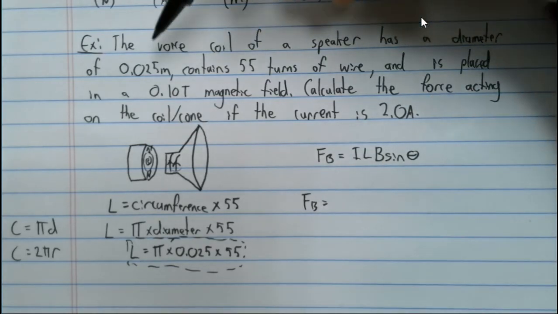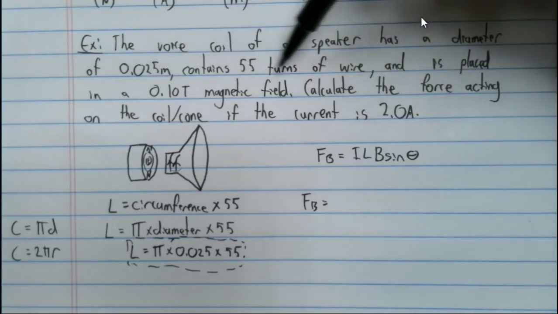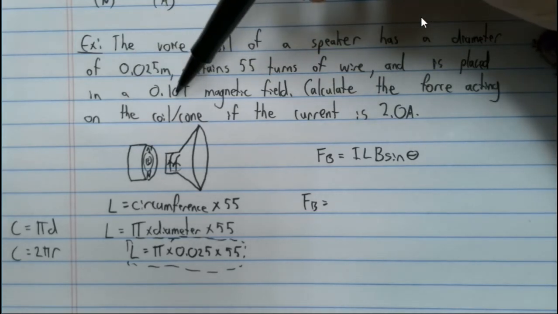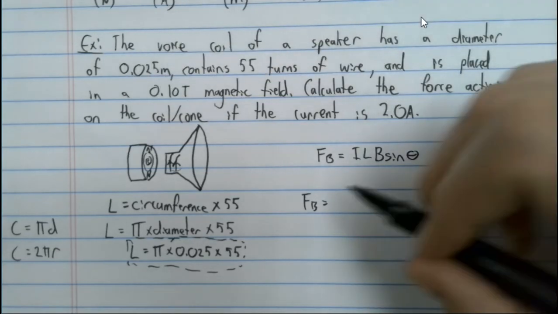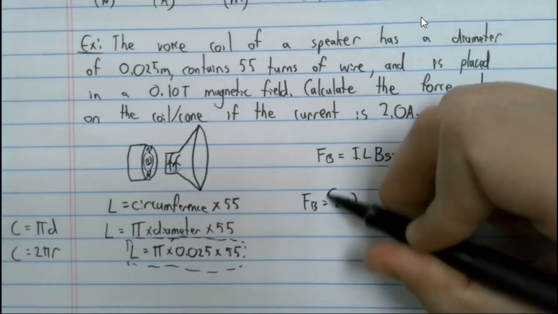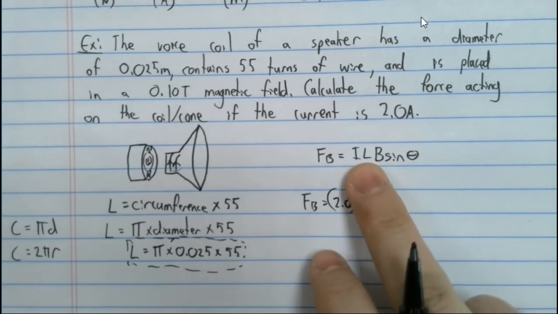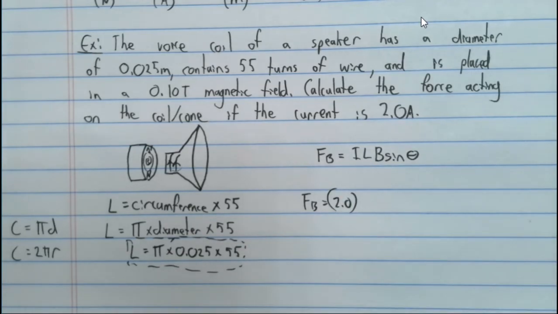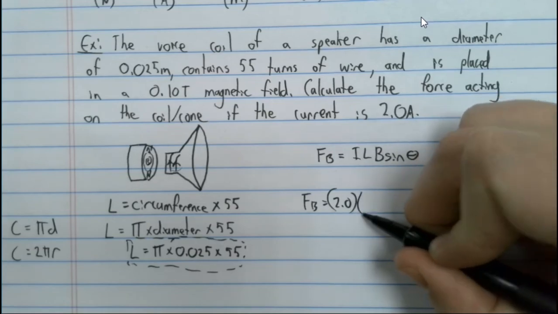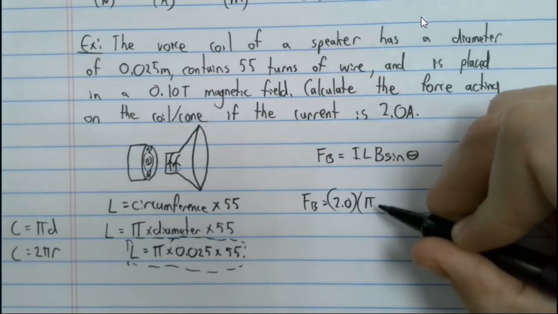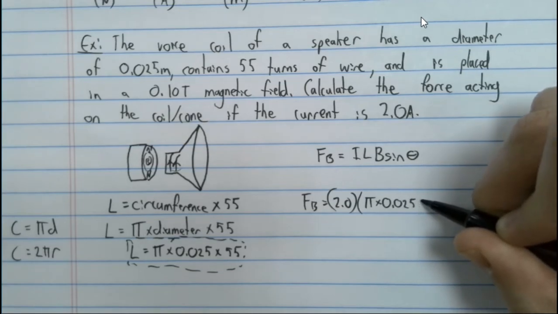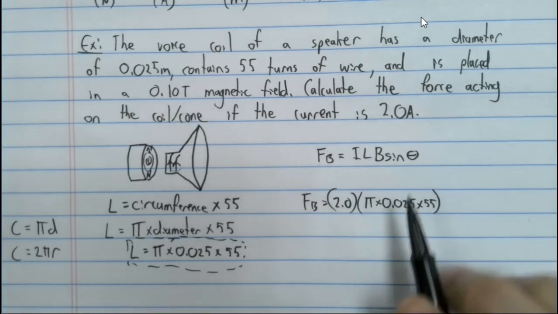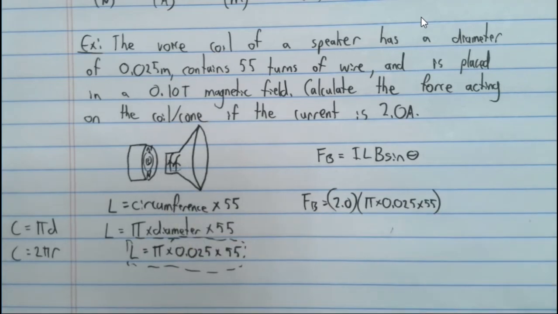Let's see if we can find current in here. There's diameter, turns. Teslas is our magnetic field. There it is. 2.0 is our current. The length is found with this equation over here. So length is pi times 0.025 times 55. That'll be the length of the whole wire coiled up in there.